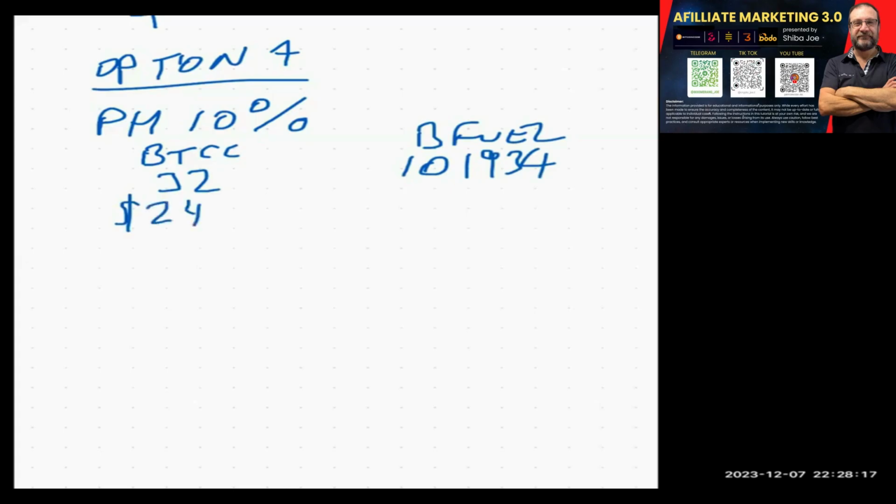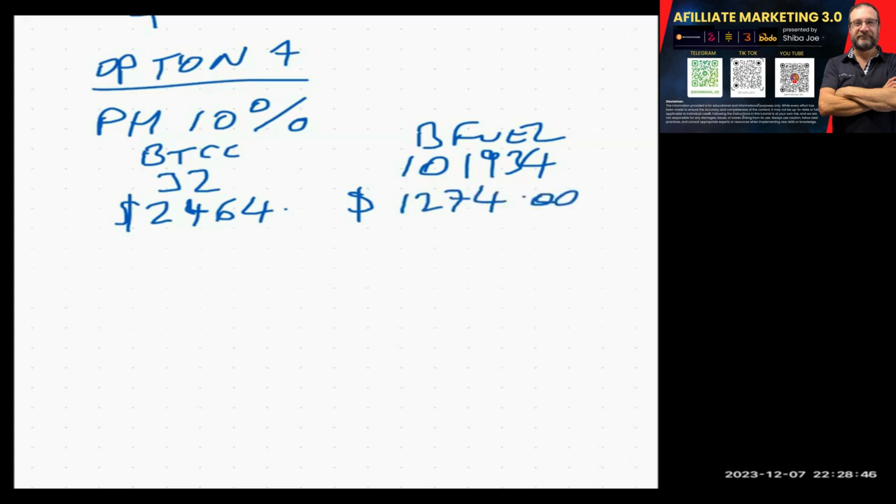Again, I'm not including the fractionals. So the value of my BTCC is 2,464. The dollar value of my Bfuel is 1,274. So you can see I've got quite a profit there already. As BTCC continues to go up, that profit will be up.